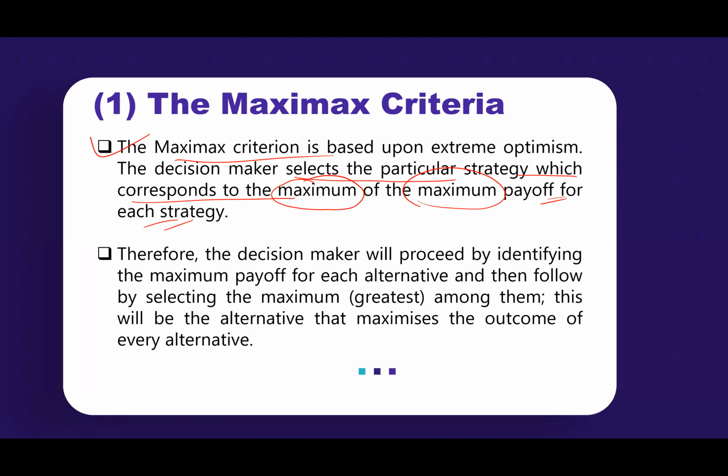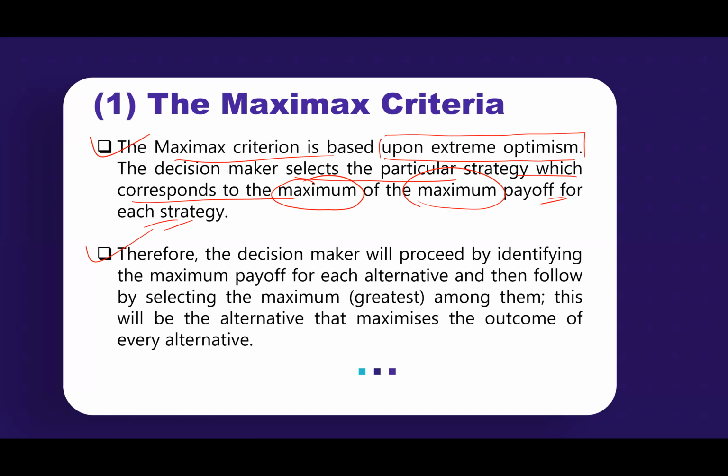So this kind of approach is based upon extreme optimism, okay? In life, we all always want the best for the best. We always want to have the best. Why not? Which is okay. That is extreme optimism, which is applied under the Maximax criterion.